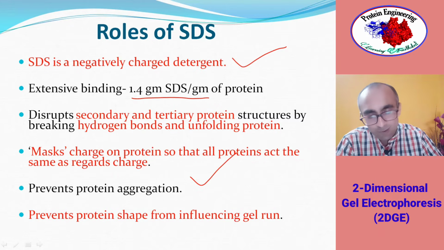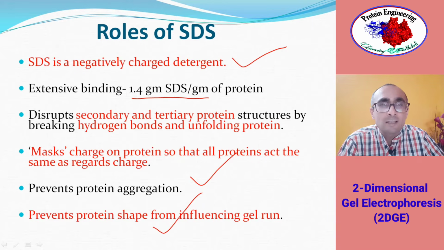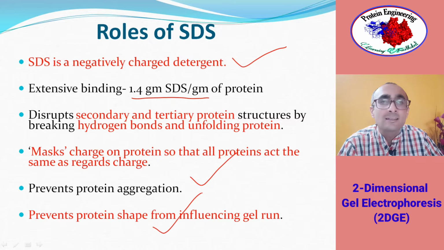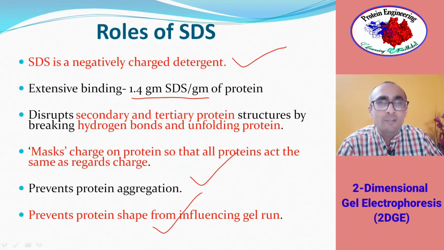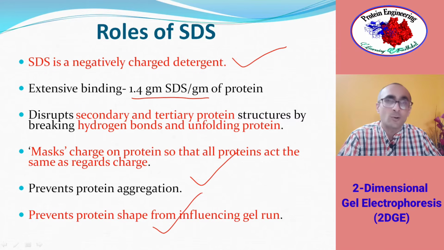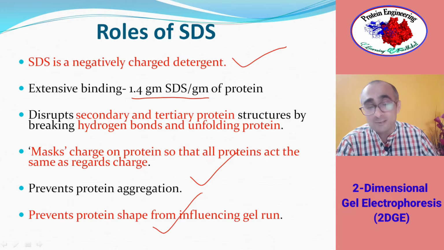Most importantly, because it denatures proteins completely, the shape of the protein also disappears. So any difference in migration arising from a difference in shape vanishes here. Proteins migrate exclusively on the basis of their size. Shape has no role to play because shape disappears due to denaturation in the presence of SDS.